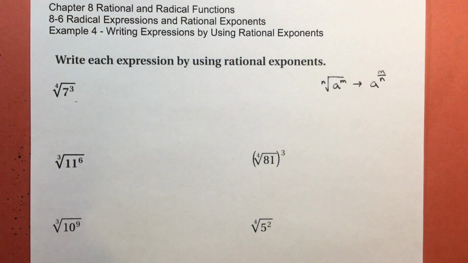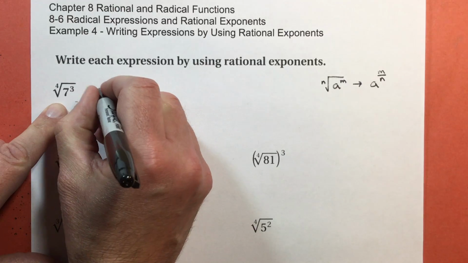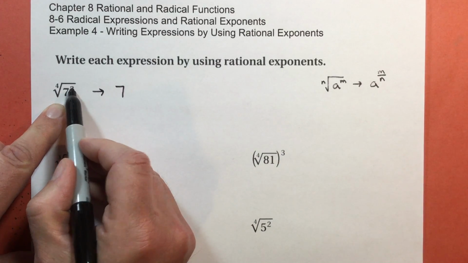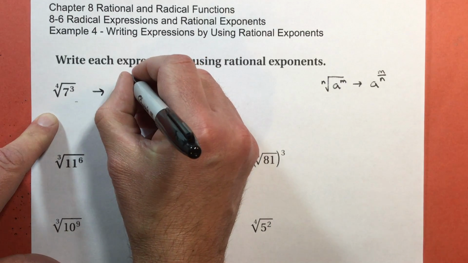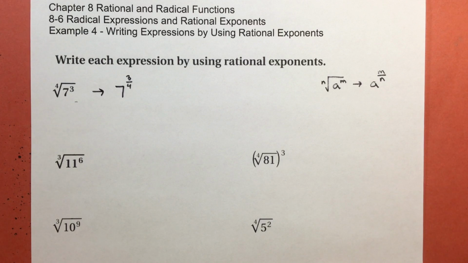So this one just becomes 7 to the 3/4 power. And that's it. We're not going to simplify that one, and there are a couple here that we might be able to simplify, and we'll talk about that.